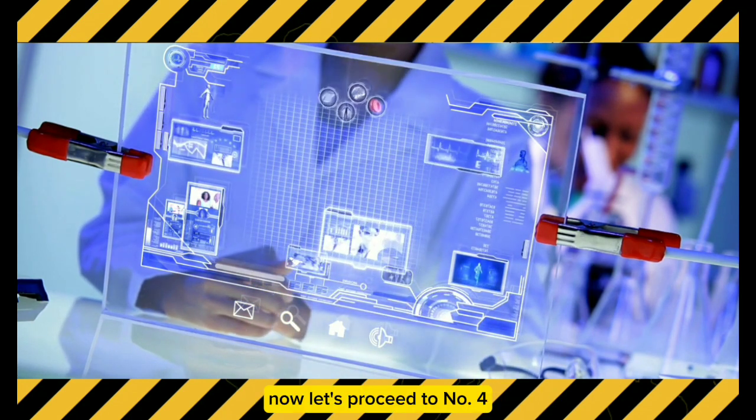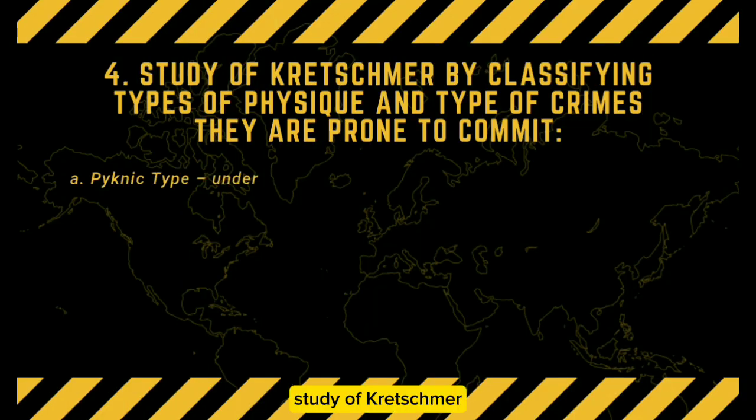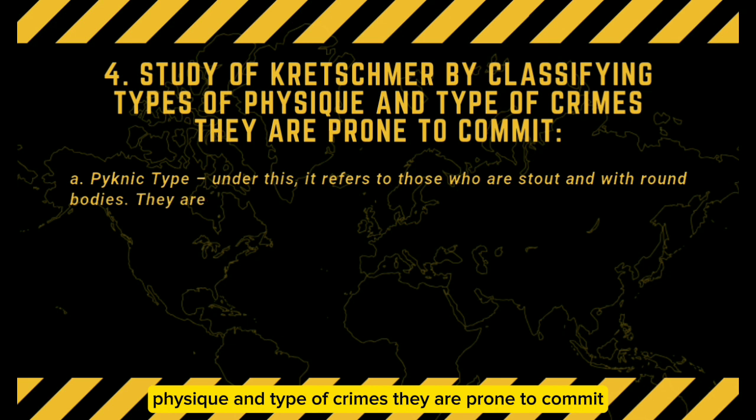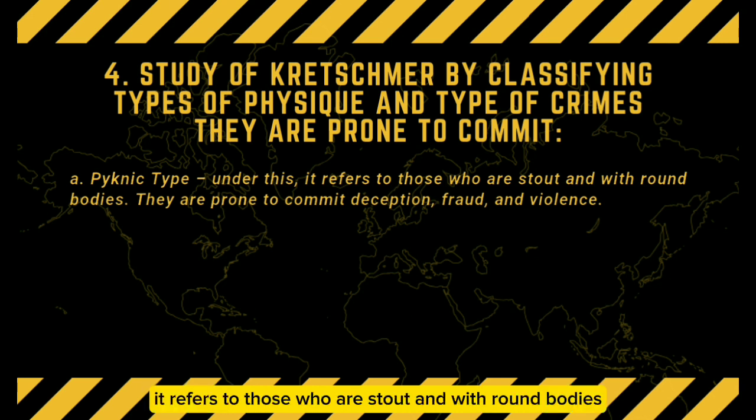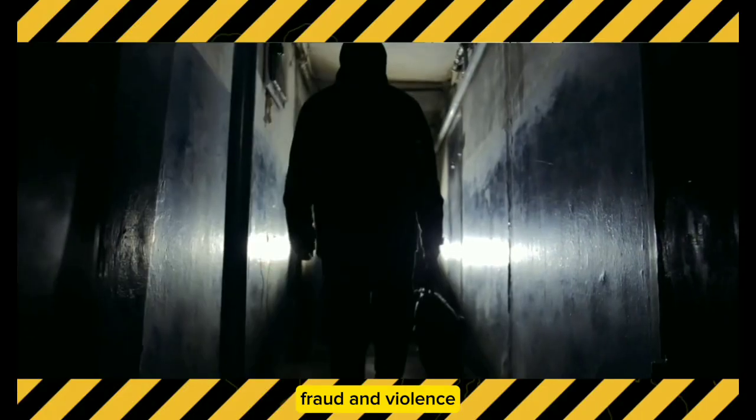Now let's proceed to number 4, the study of Kretschmer, classifying types of physique and the types of crimes they are prone to commit. A. Pyknic type. Under this, it refers to those who are stout and with round bodies. They are prone to commit deception, fraud, and violence.